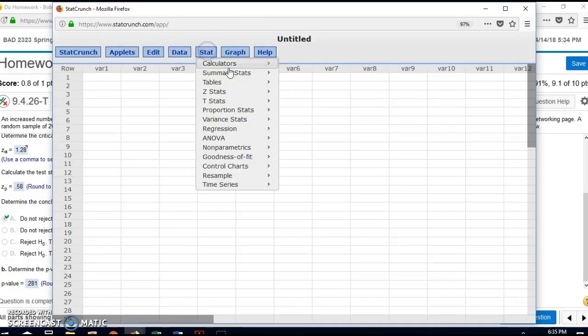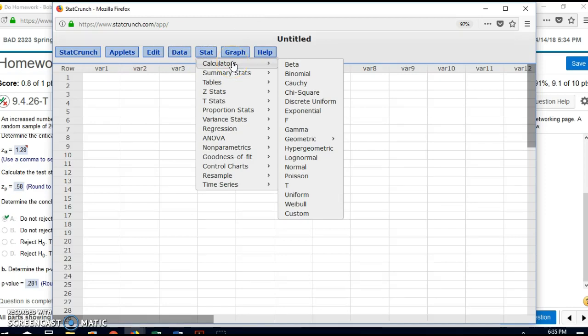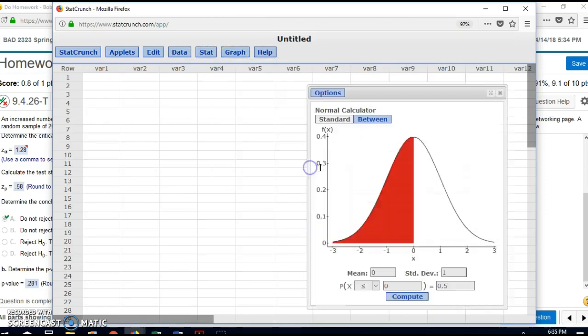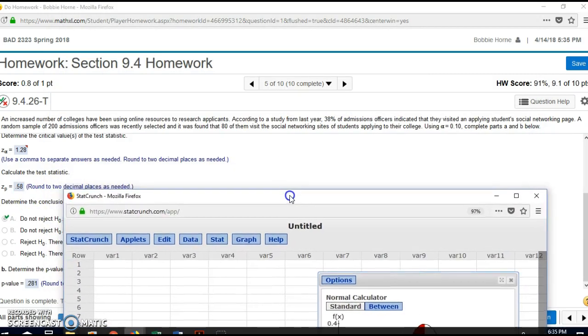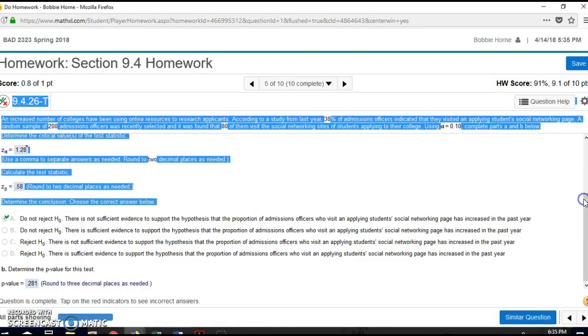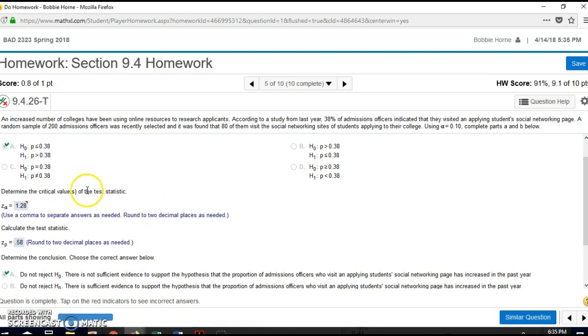If we go to stat, calculators, and do a normal, and we do 0.58, and this is for a right tail.